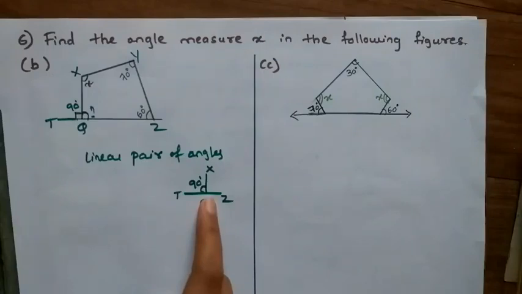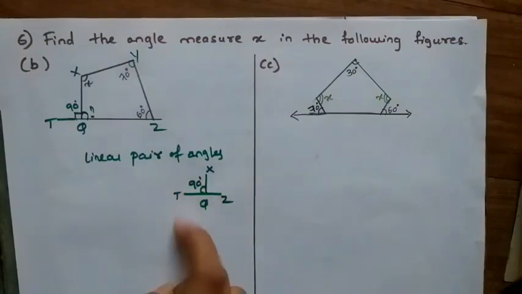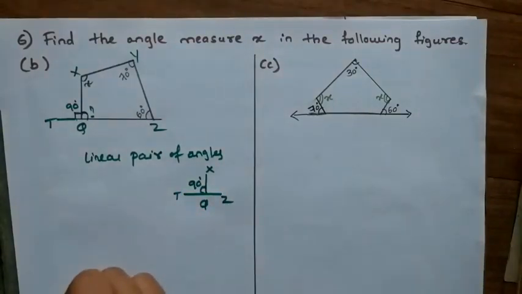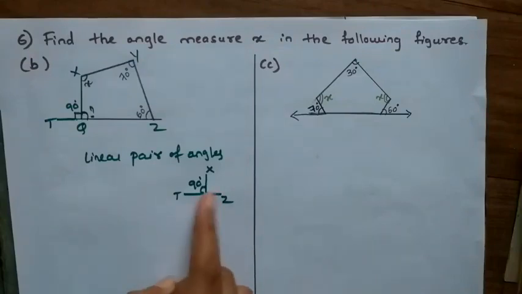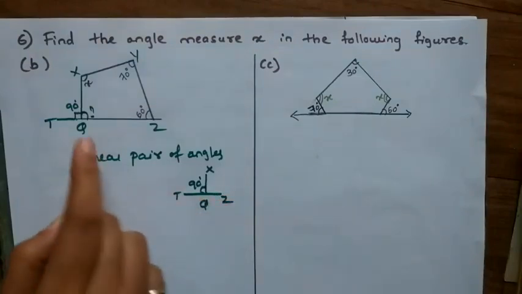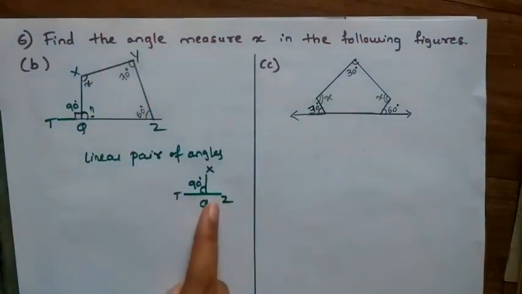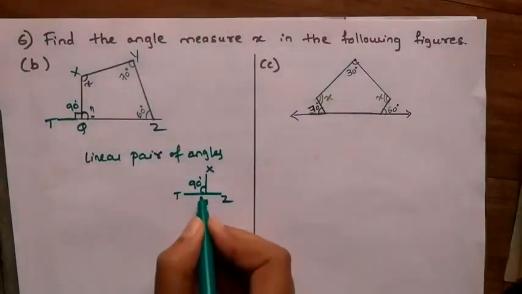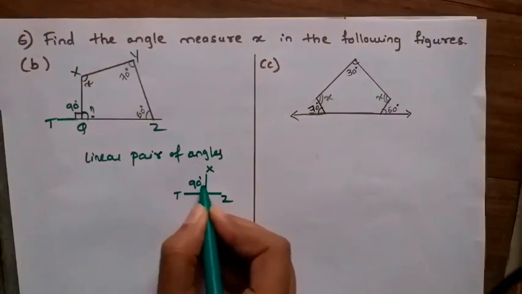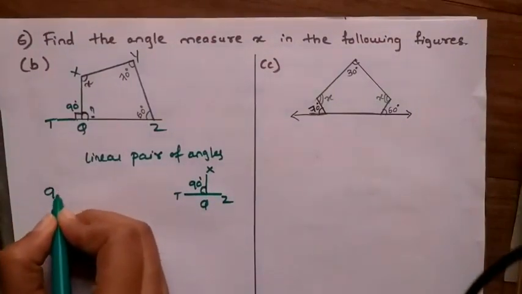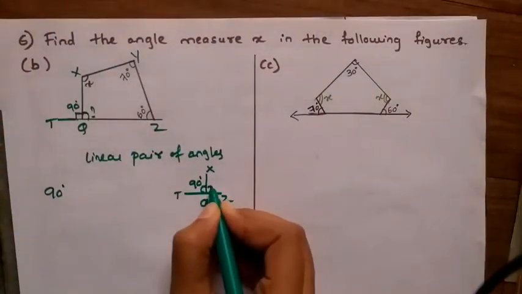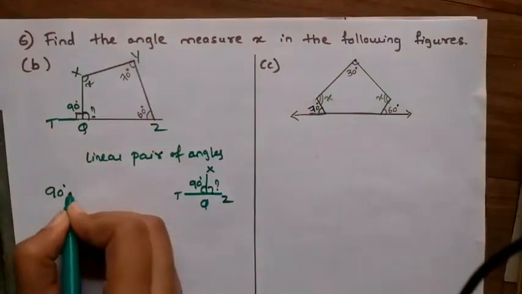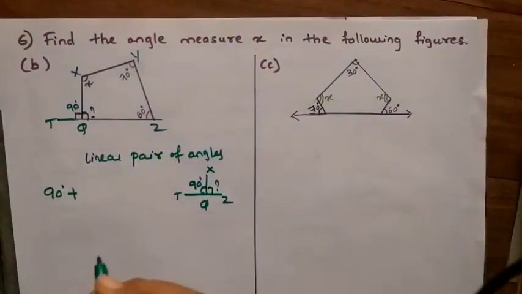According to the definition, a linear pair of angles is two adjacent angles whose sum is 180 degrees. So apply the linear pair angles condition. The adjacent angle is 90 degrees, and this angle we don't know, so give any variable name.